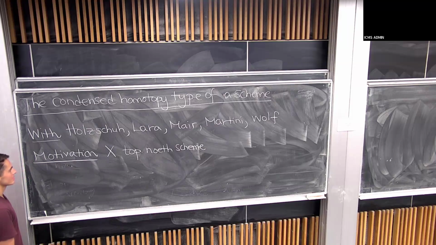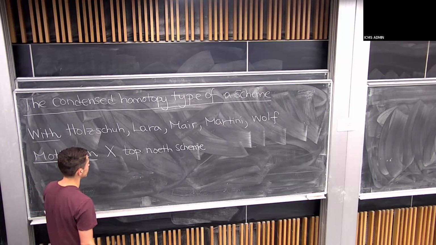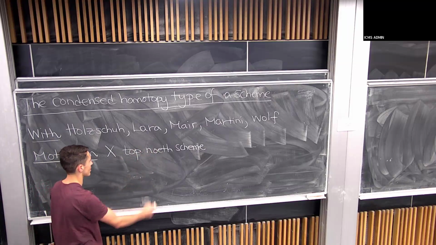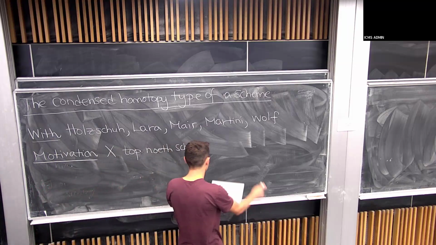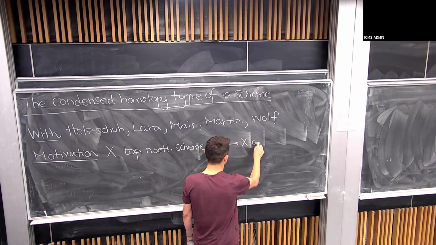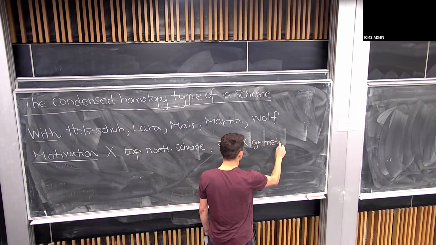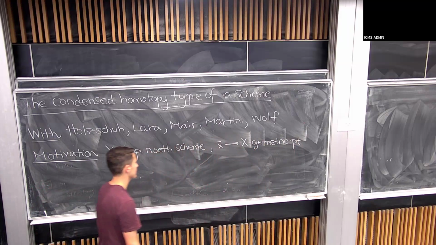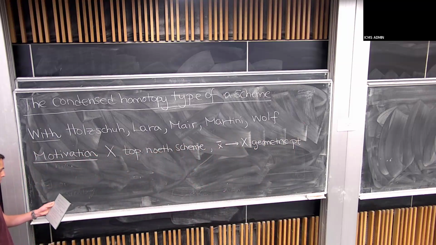Say a Noetherian scheme, this is just a hypothesis so that everything I say is in the context of what these people did. And you have X bar to X a geometric point. So this is a choice of a point of the underlying space and a separable closure of its residue field.